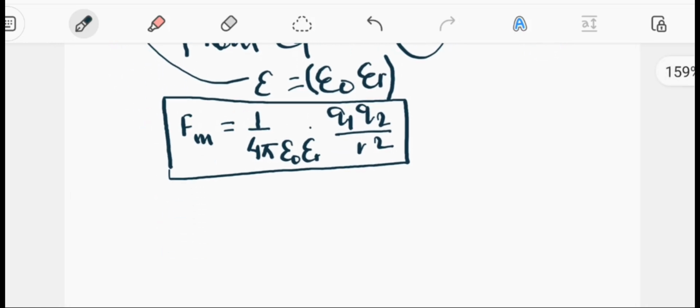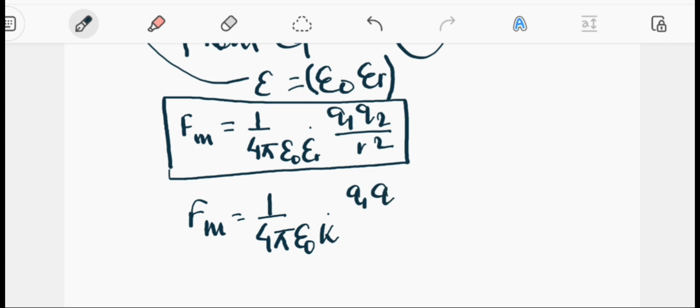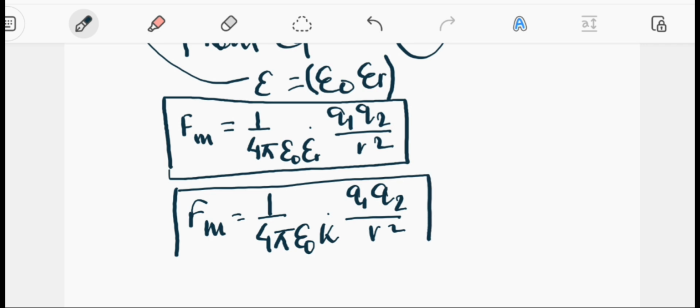Also students, in some books you might see that Fm is equal to 1 by 4 pi epsilon naught, and in the place of epsilon r it is dielectric constant K, multiplied by Q1 Q2 upon r square. So both the equations are correct. In different places different symbols are used, but both the things are similar.